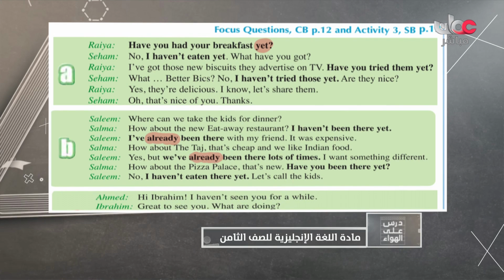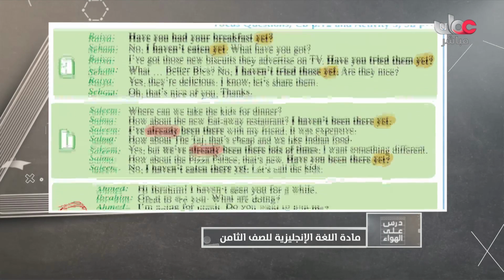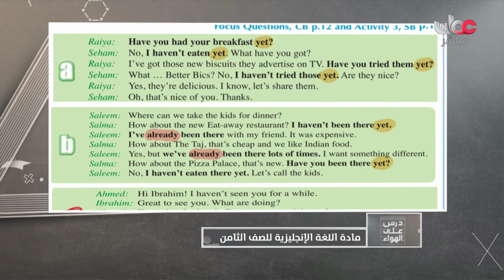Okay. So as you can see, yet. What can you understand when you see these shaded words in yellow?